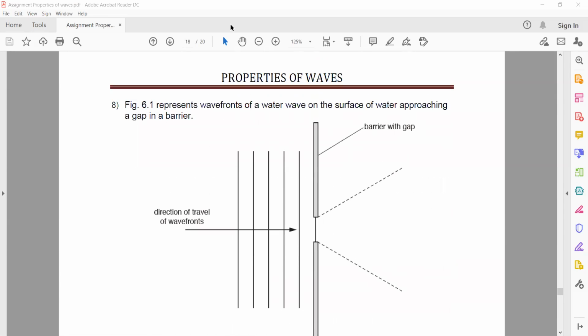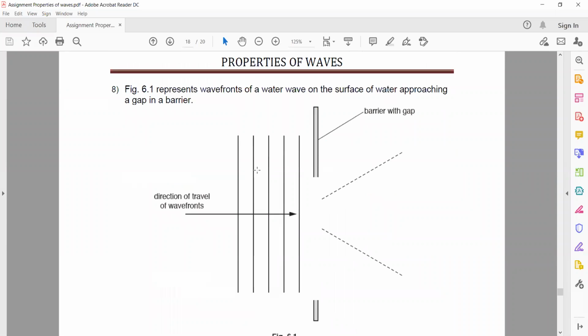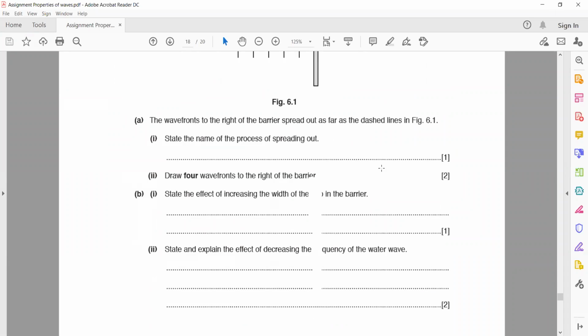If I increase this width, how will it affect the diffraction? So less diffraction will occur. Increasing the width of the gap.